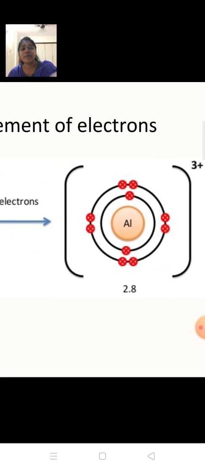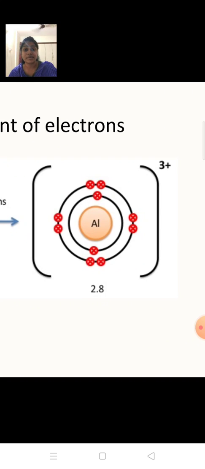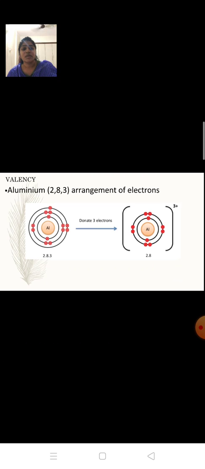As aluminium loses them, you can see the last shell now contains 8 electrons, so it has achieved the octet state. It has lost 3 electrons, so the valency of aluminium will be +3.